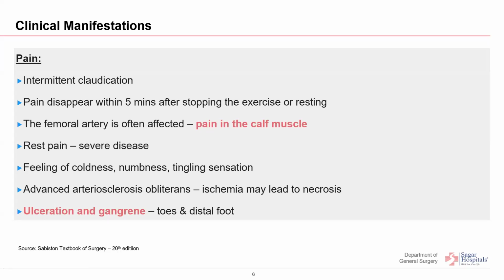Just a minute, ma'am. What about other things? You have not talked about homocysteine and all these things? Sir, other things are genetic, like hyperhomocysteinemia, and then we can have protein C, protein S deficiency, and factor V Leiden mutation.